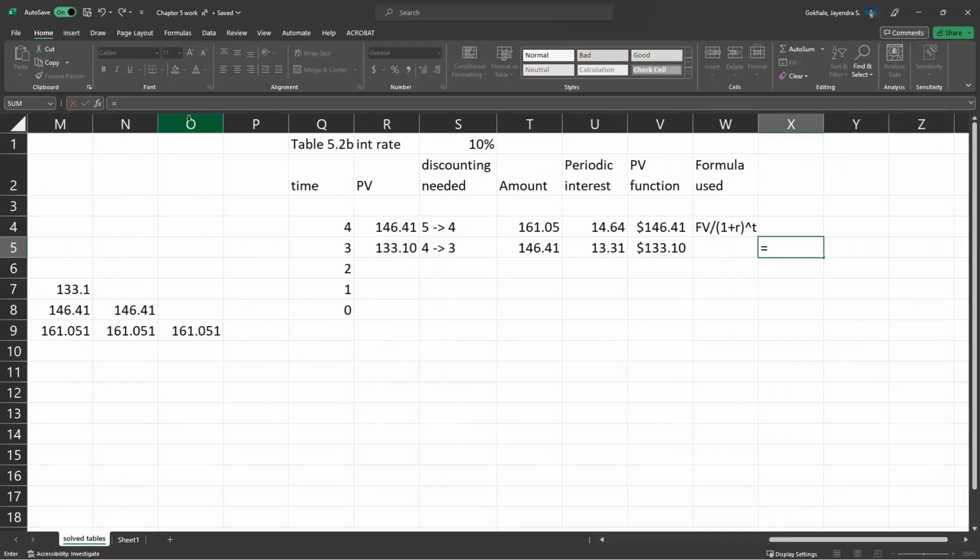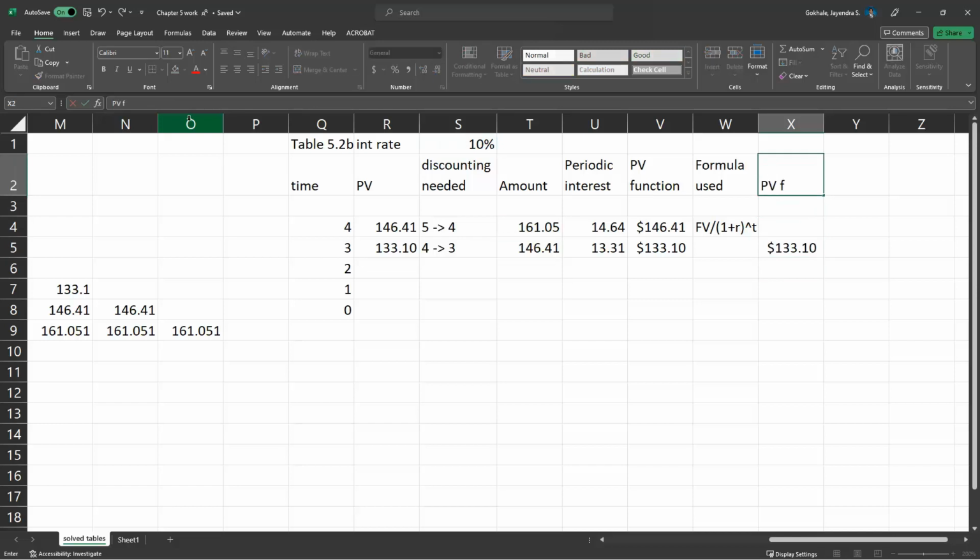Equals PV, $S$1. And then 2 periods, comma, no payment, comma, minus 161.05, type 0. We should get 133.1. There we go.